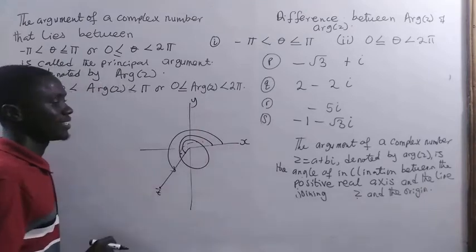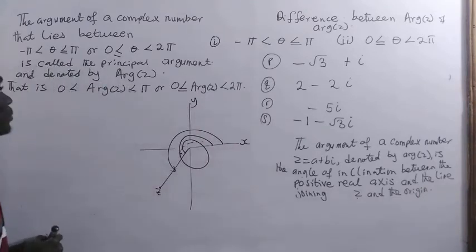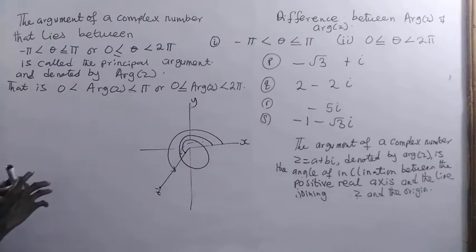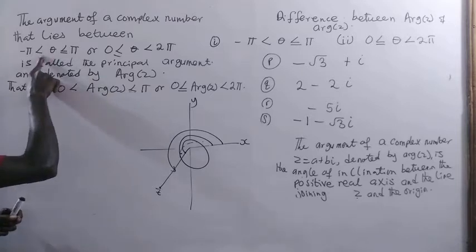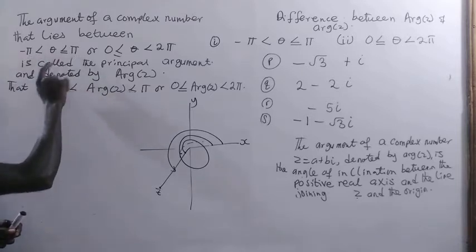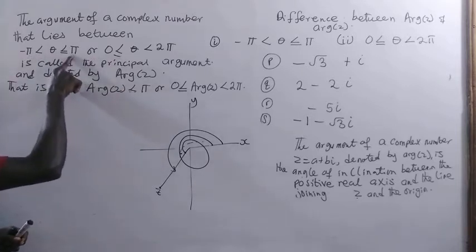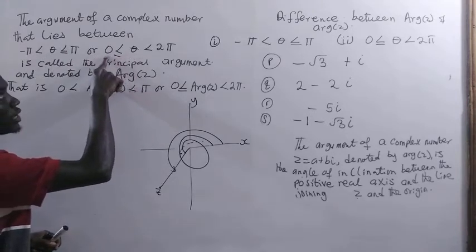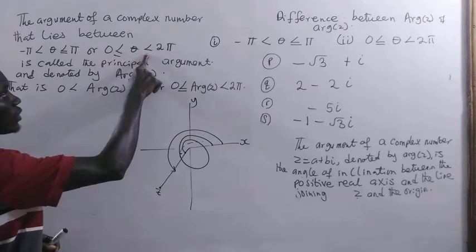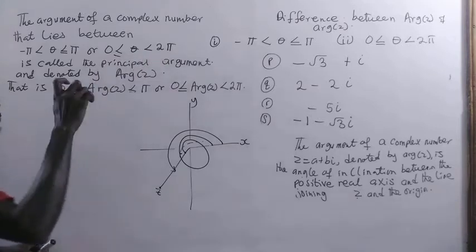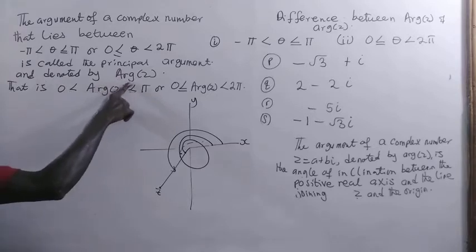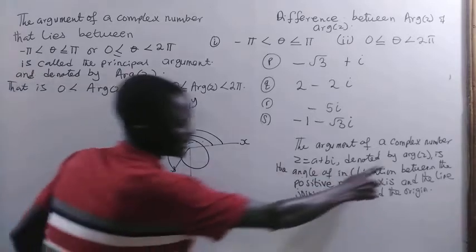Now, let us find the principal argument. The argument of a complex number that lies between theta greater than minus pi but less than or equal to pi, or theta greater than or equal to 0 but less than or equal to 2 pi, is called the principal argument and denoted by capital Arg z. This is small a.